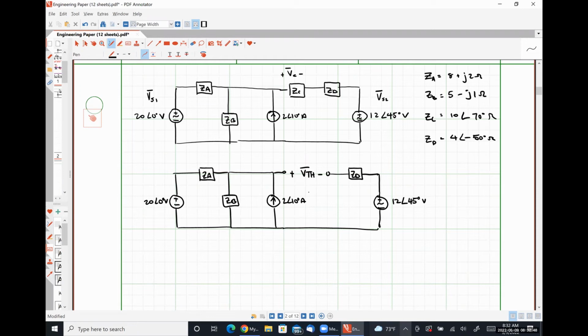If we did a source transformation, what we would have is a current source whose value is simply 20 angle 0 divided by ZA, in parallel with ZA, connected then in parallel to ZB, and finally in parallel to the current 2 angle 10 degrees amps.